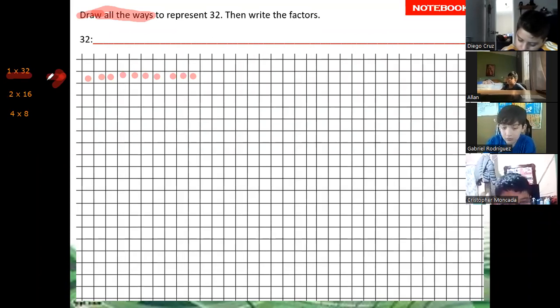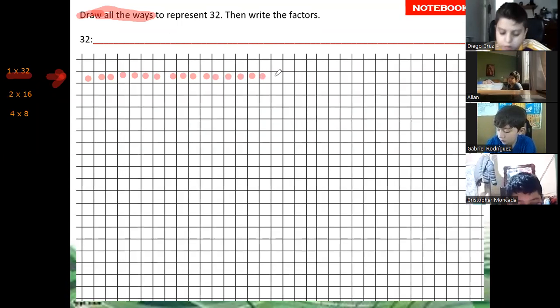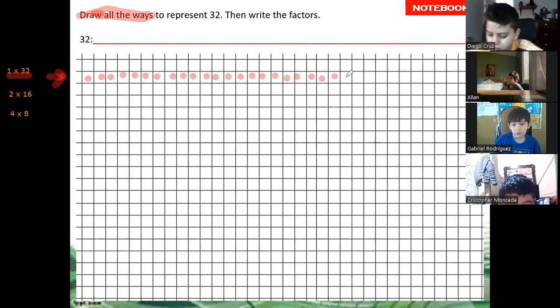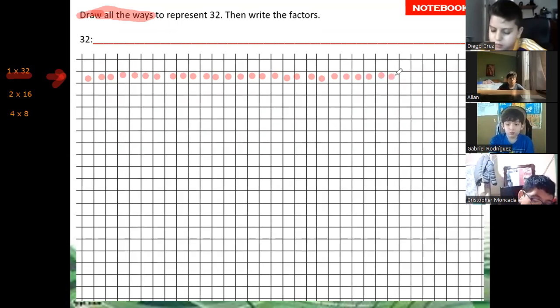It's horizontal from left to right. So I have 10, 11, 12, 13, 14, 15, 16, 17, 18, 19, 20, 21, 22, 23, 24, 25, 26, 27, 28, 29, 30, 31, 32.